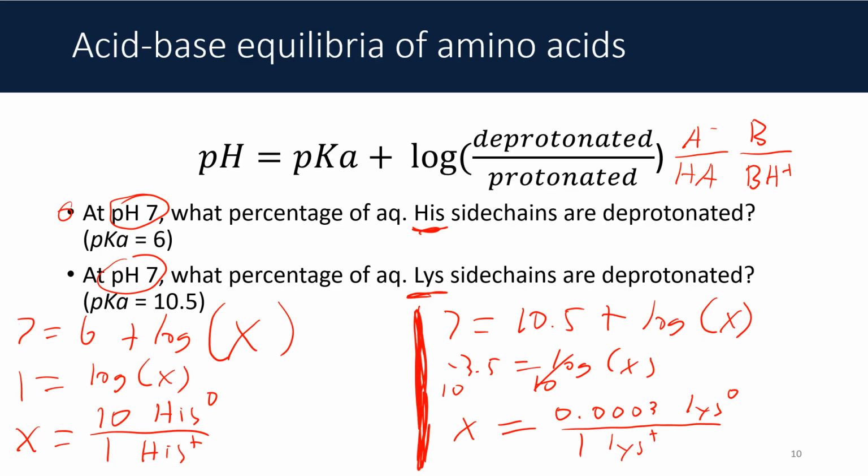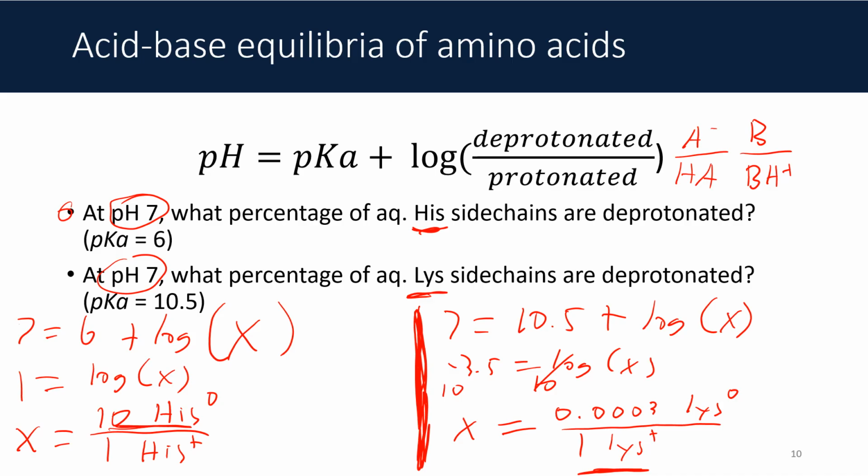Compare that to lysine, it's going to be the inverse. The vast majority of lysine side chains will be positively charged. Only about, in this case, it looks like it's 1 to 10,000. 1 out of 10,000 lysines are going to be neutral, a pretty small minority.